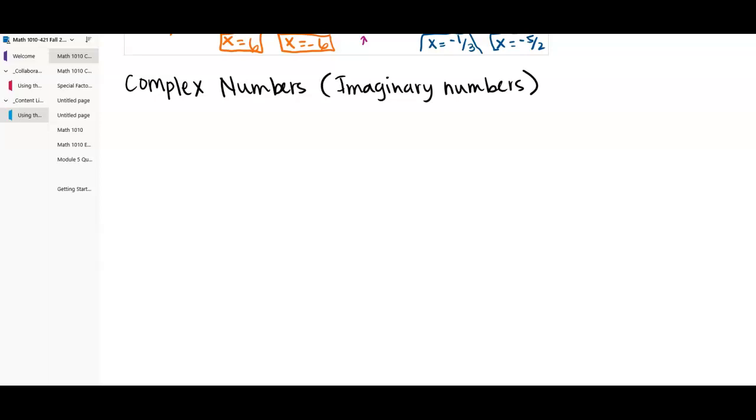All right, so whenever I teach about imaginary numbers, students are always like, why do we have to do imaginary numbers? They're not real. I guess sometimes people think they're like imaginary friends, but no. Imaginary numbers are just a different number system.